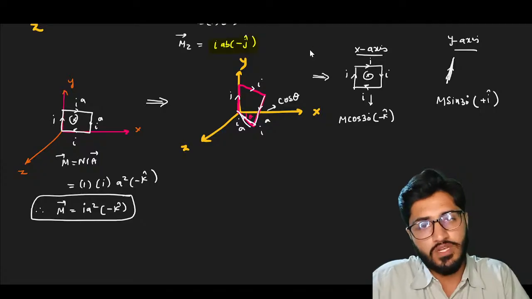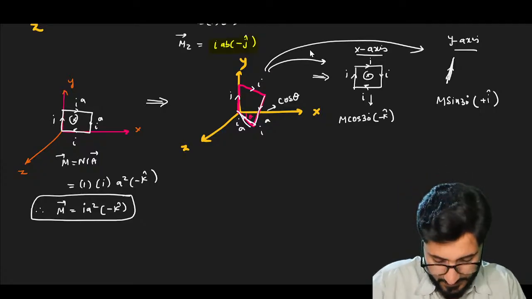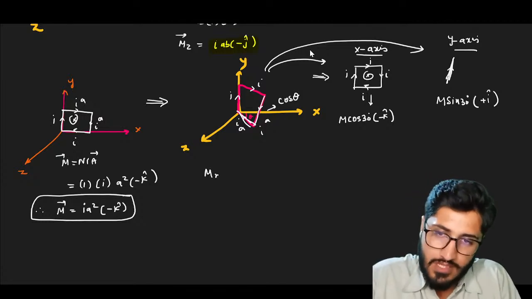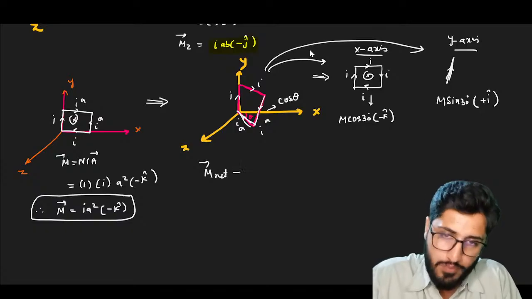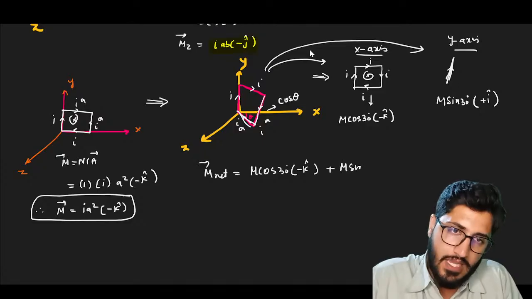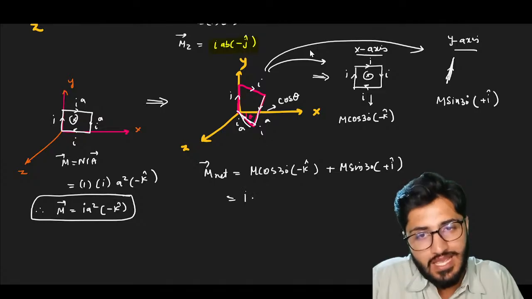So we just divided these into two components. What is M net now? My M net came out to be M cos 30 degree, which is minus k cap, plus M sin 30 degree in plus i direction. What is M? NIA. What is A? A is A square.